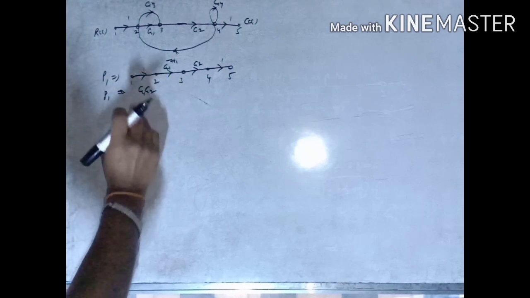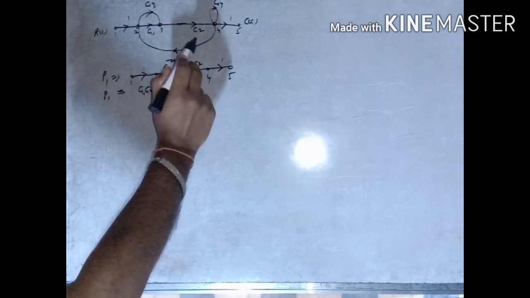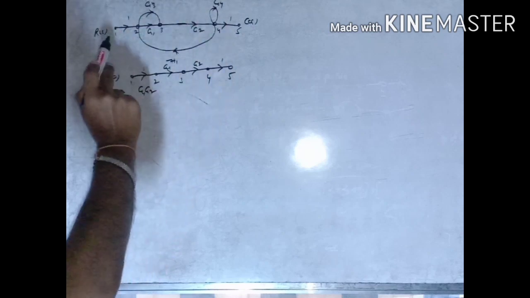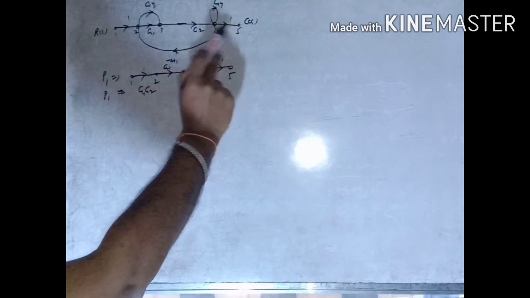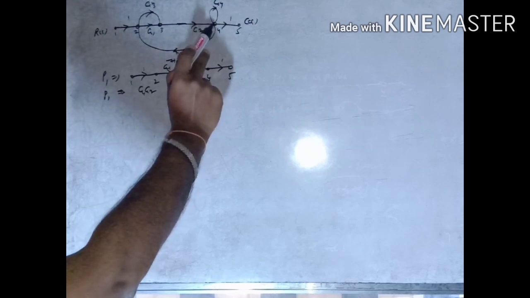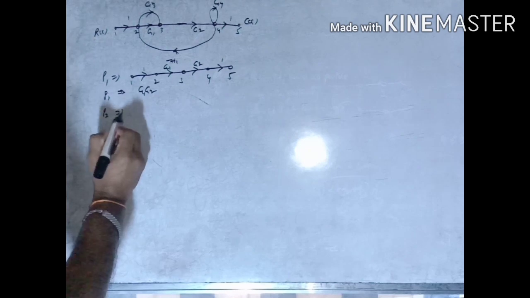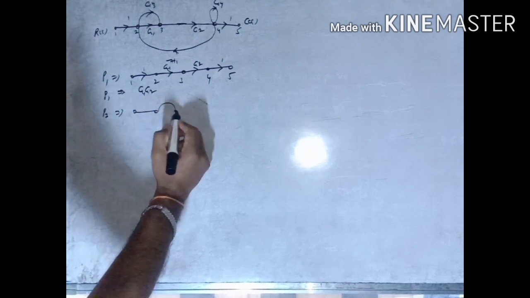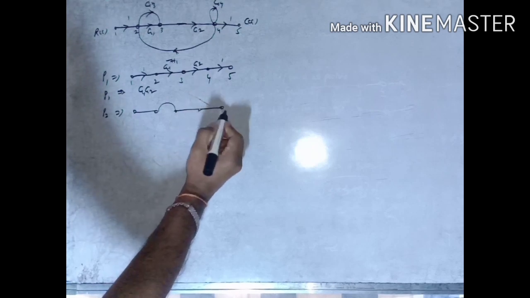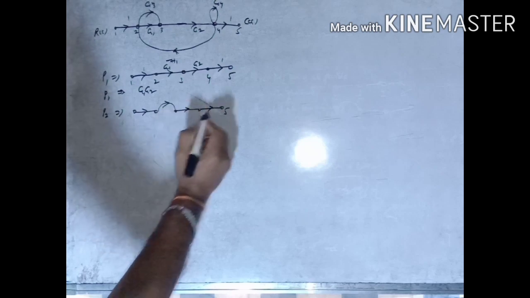Next, coming to the second forward path. Observe the diagram and check whether a second forward path is possible. That is 1, 2, 3, 4, 5, but here node 4 is repeated, so it is not included. So the second forward path is P2 equals node 1, node 2, node 3, node 4, node 5 in forward direction only.